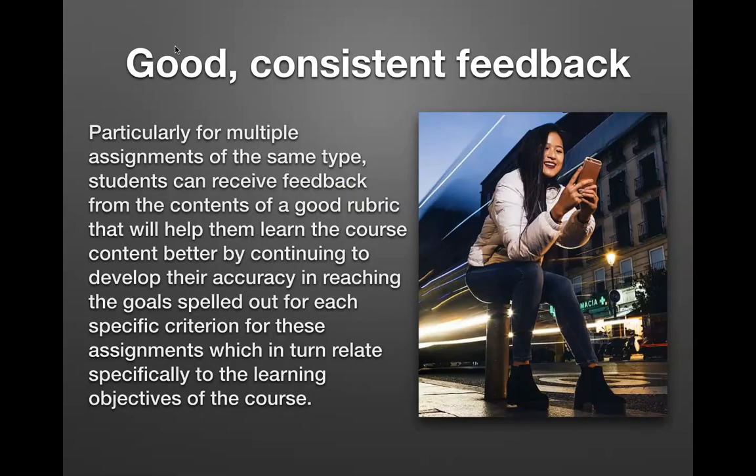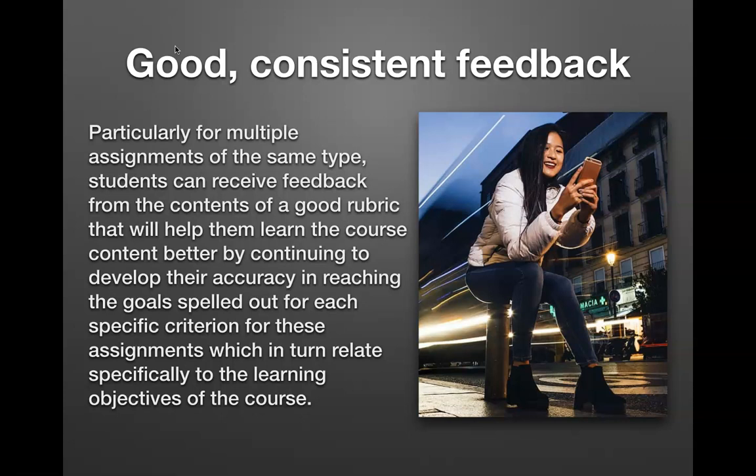Students benefit from good, consistent feedback. We've talked about this already. This is absolutely critical in the learning process, particularly for multiple assignments of the same type that we just talked about. When students can receive that feedback from a good rubric, it will help them learn the course content better by continuing to develop their accuracy in reaching the goals that are spelled out in that rubric.